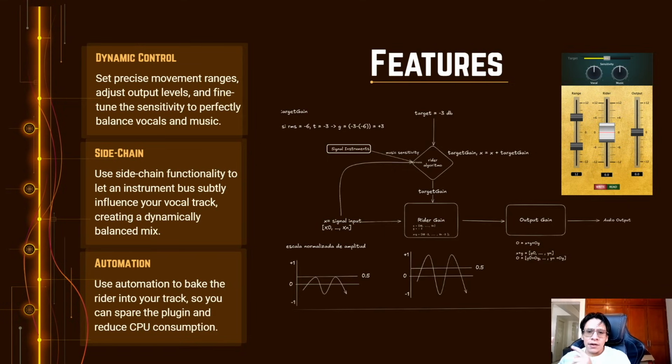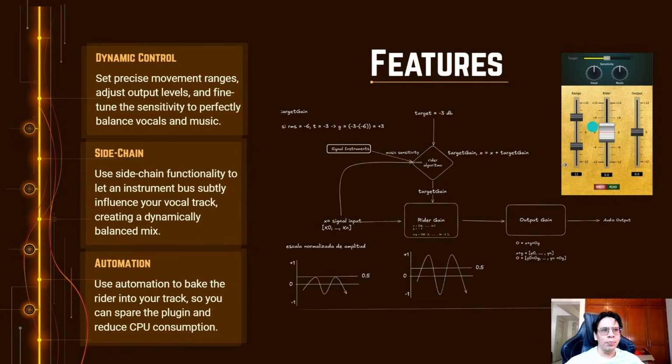So you later can go and use the read option and stop using the algorithm, release some CPU for maybe other plugins, and just keep it reading the automation. That will give you the same effect as using the plugin, but no CPU usage, or at least much less CPU usage. These are the three main features that I have for you.